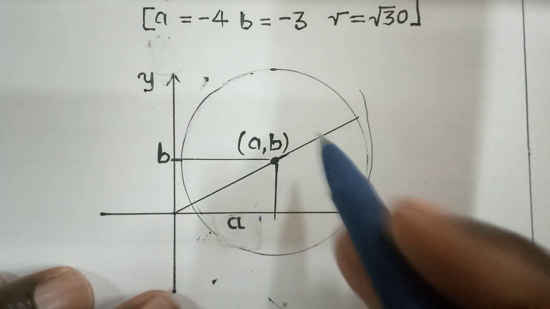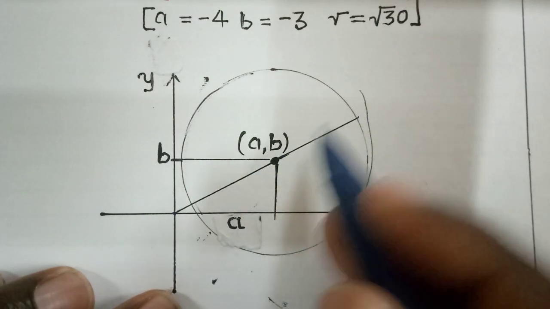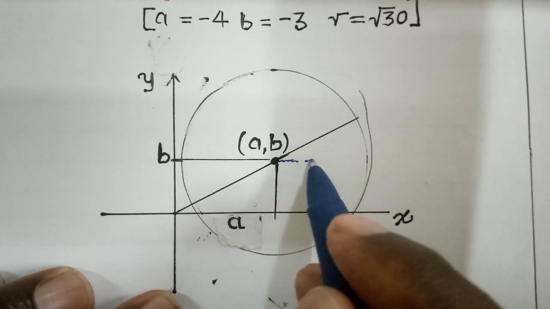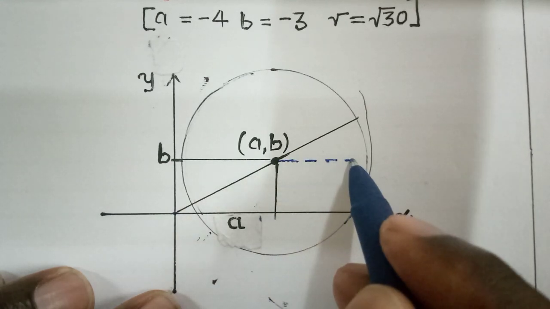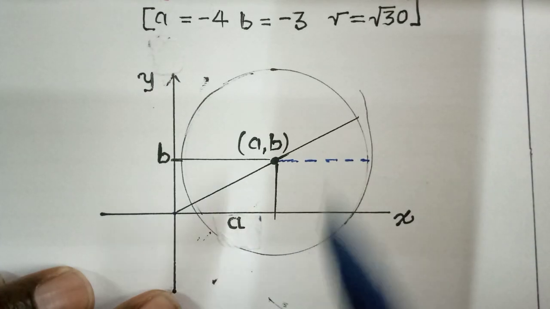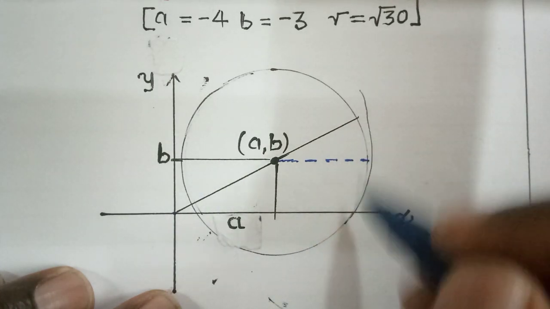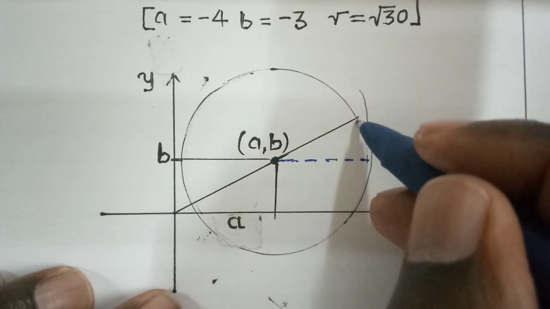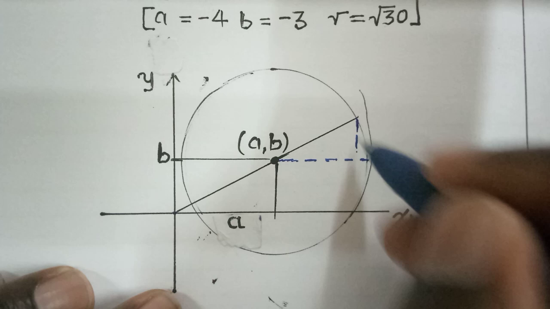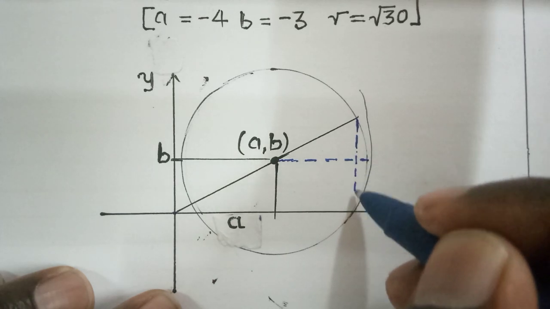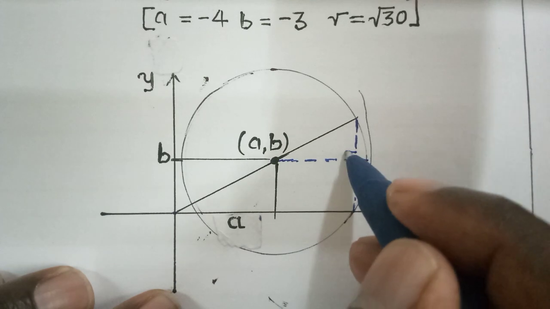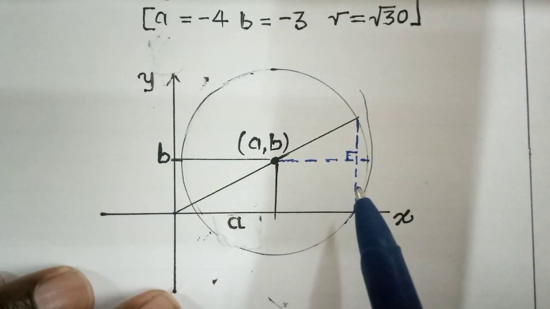We extend this line here, like that, up to maybe that point, and we also extend this other line coming here. Now this is the line perpendicular to the x-axis, which is supposed to be y. And we make a right angle triangle there.